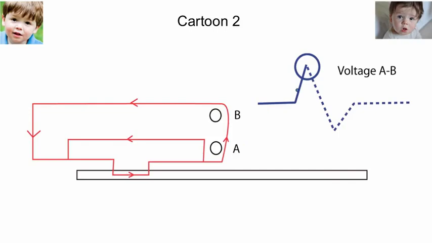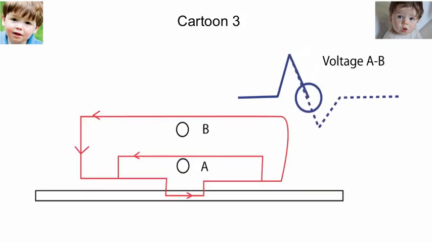In any event, we see that the current is flowing from A to B. That's the pathway. The medium is resistive. Therefore, there's a voltage from A to B, and that voltage is positive. So we're right up here on our curve. Now at the next moment in our cartoon, excitation has moved over to the right.